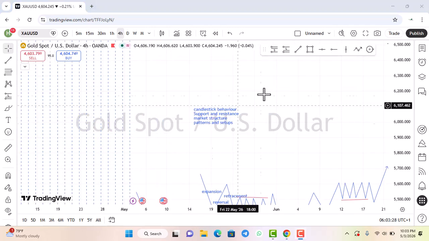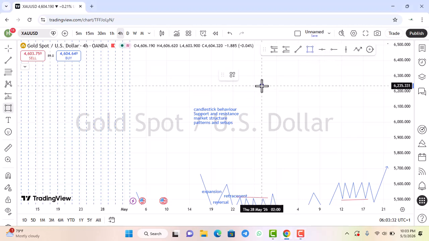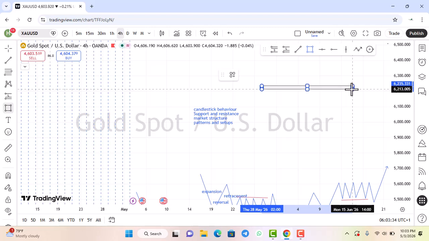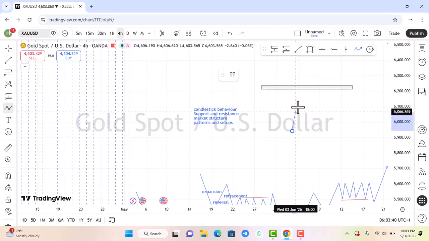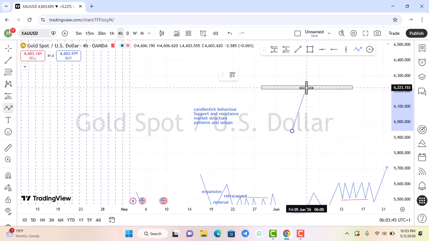Okay, so for instance, let's say we have a resistance level here and price moves towards the resistance level, and after getting to resistance level, instead of price breaking that level and continuing to go up, it forms a long wick, rejecting that level, right?